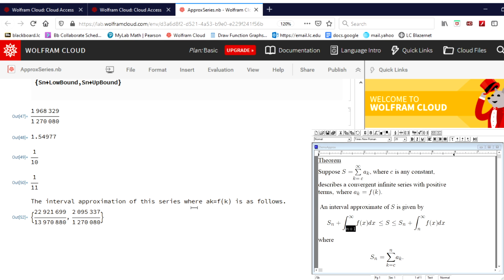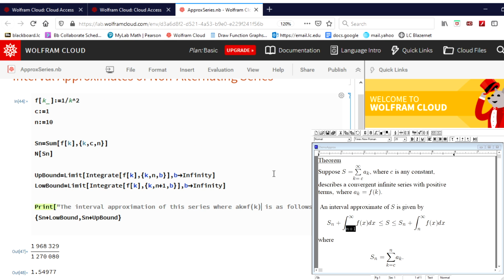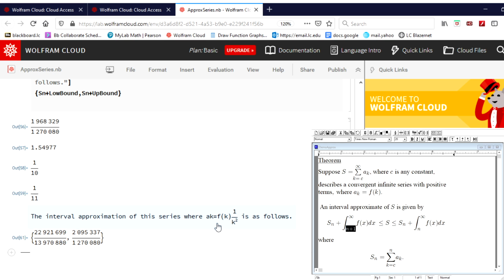It says the interval approximation of the series with a sub k equal to f of k, where I could, if I wanted to, actually come along here and highlight that specifically as the value, comma, and then I'll put in here f of k. Let's actually declare f of k in this argument so that we're clear as to, in the result, what was the series of interest. Now, I think if we hit enter, we will see that declared.